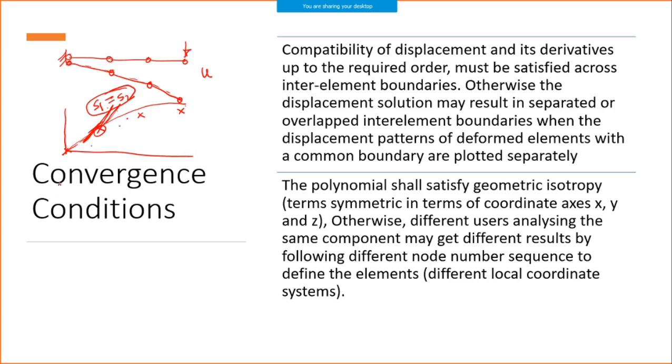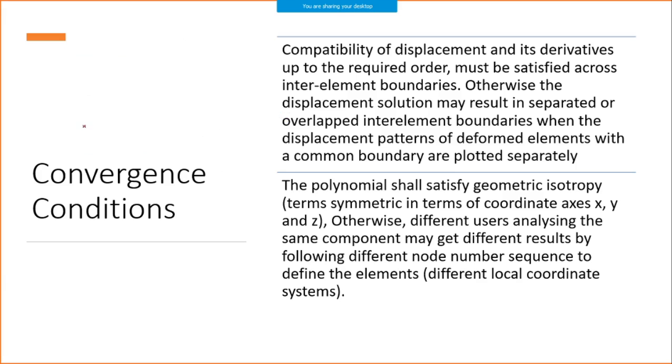Because displacement represents u, and strain or slope represents du by dx, a first derivative, and that is called C1 type of compatibility.